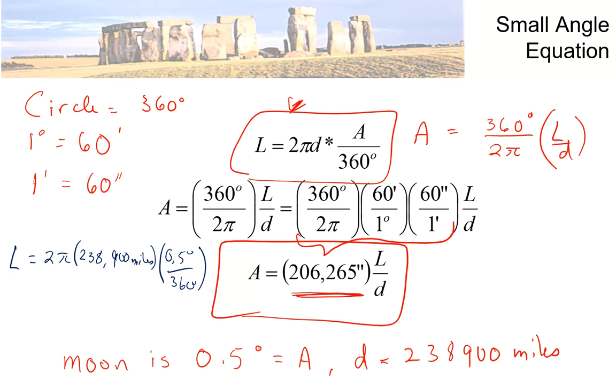So now I just have to take a calculator here, 2 times pi, 3.14159265 is enough digits on pi, times 238,900 times 0.5 divided by 360.